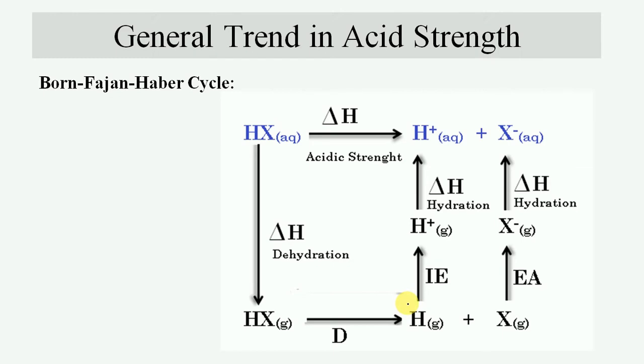However, the acidic strength of these hydroacids can be easily explained with the help of the Born-Fajans-Haber cycle. Taking this cycle into account, all the factors which determine the strength of an acid in water, this method gives better insight into the variation of acid strength. The acid strength of various hydroacids may be written by reactions.